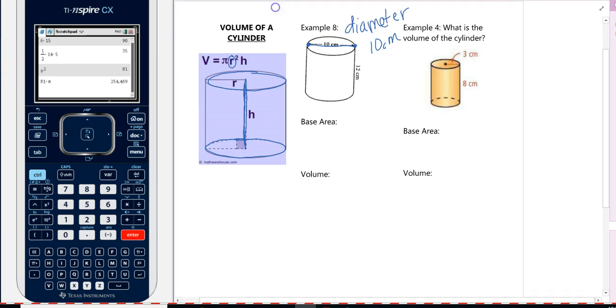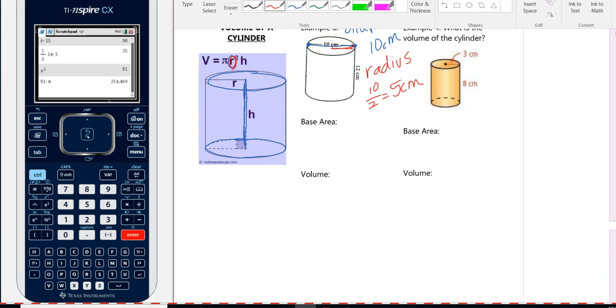The radius is half of that circle. We only want from the middle to one side, right? We don't want that whole distance. So our radius here is going to be half of 10, which is 5. That's the radius we use in our base area formula for our circle.